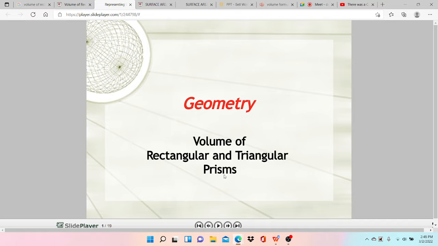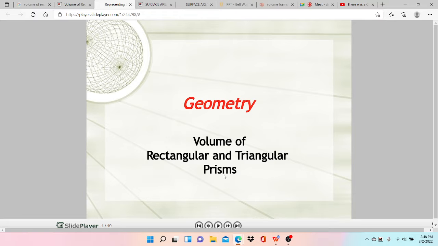Sphere. Cone, cylinder, sphere, rectangular prism. What else? Square base pyramid. What else? Cube, cuboid. Yeah, those are examples of 3D shapes.